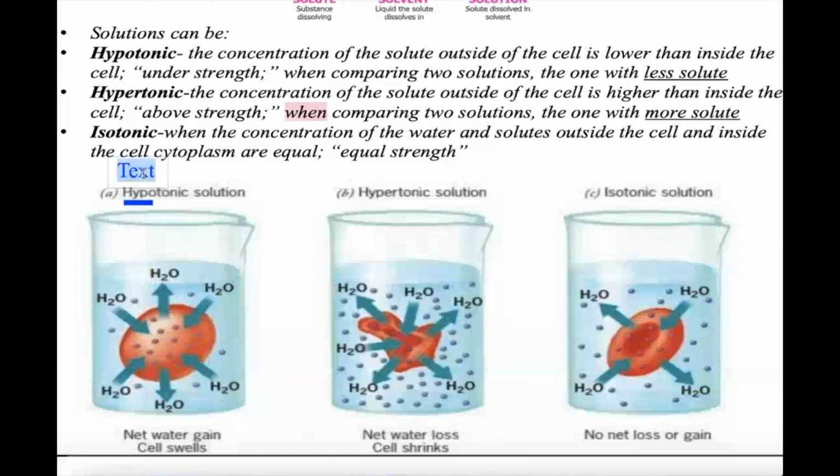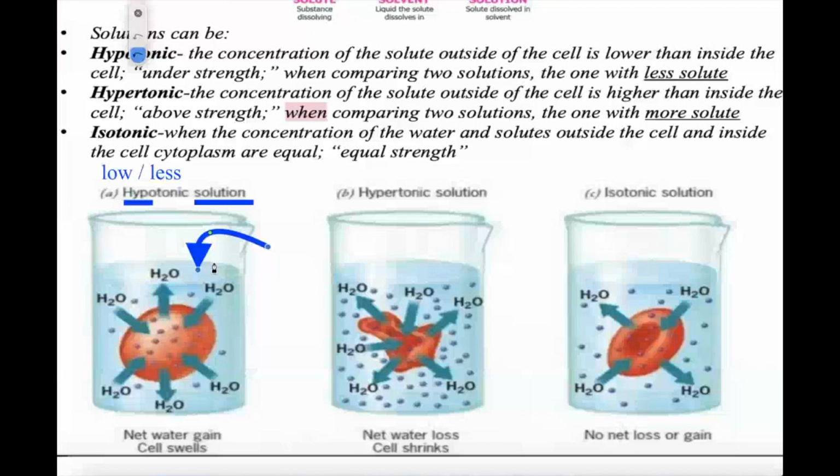Less, low or less. Hyper is high. Tonic means solute. So hypotonic is a solution in which there is less solute. What will happen to the cell? It will increase in size, it will swell.